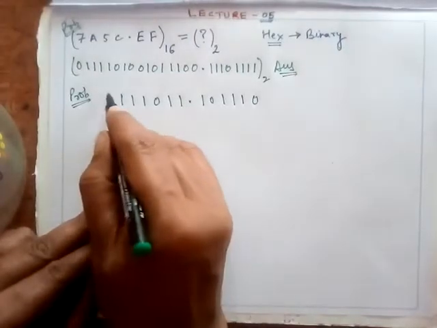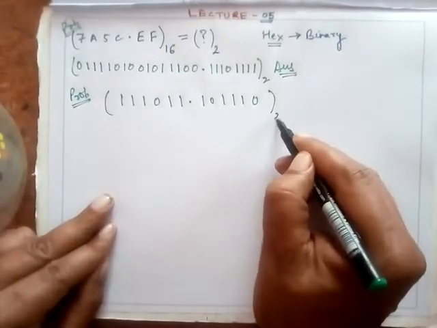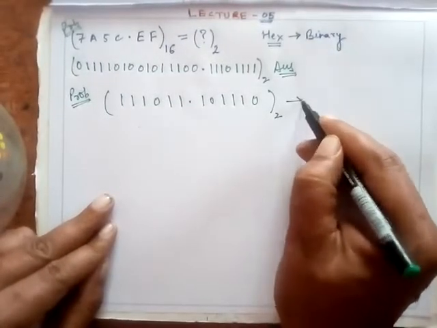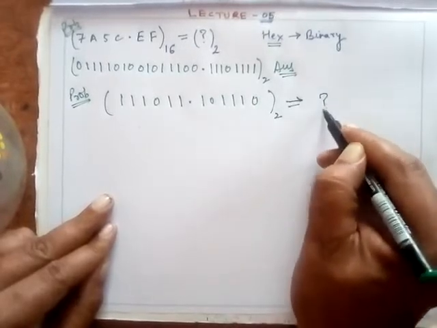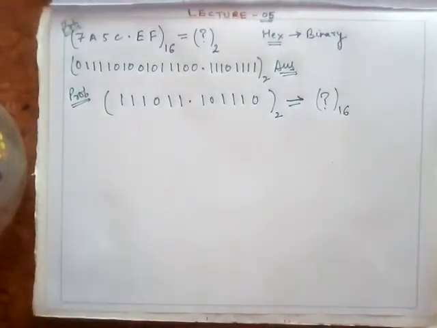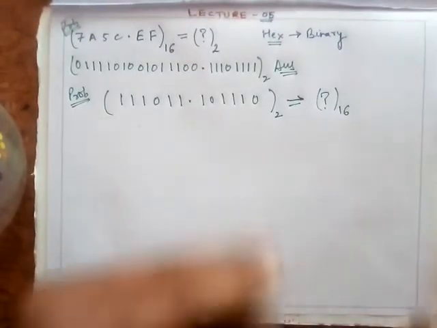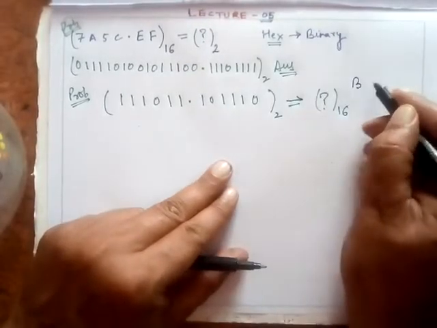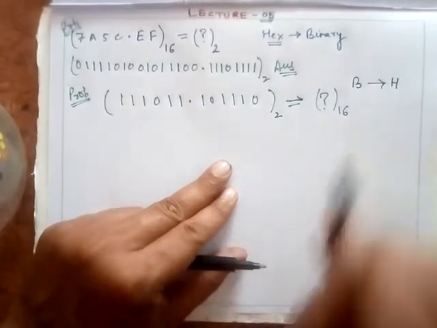Suppose I say that I have this number in binary and I say convert this, it is equal to how much in hexadecimal, in base 16. So it is a simple problem that I have taken, how to convert a binary to hexadecimal.